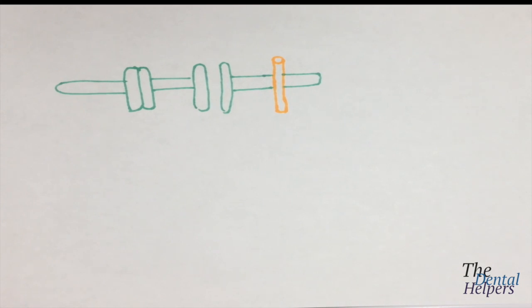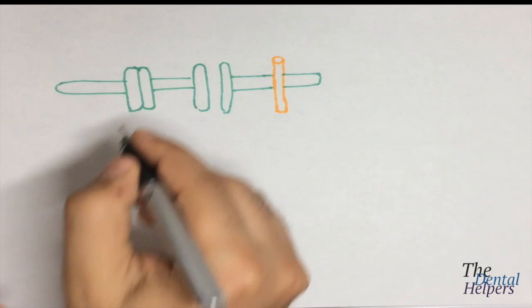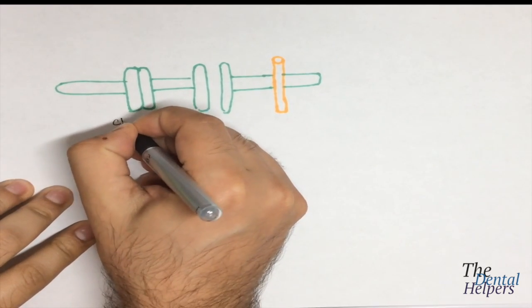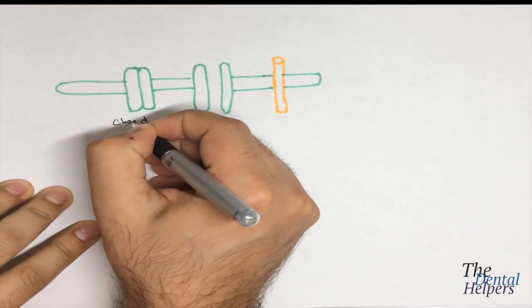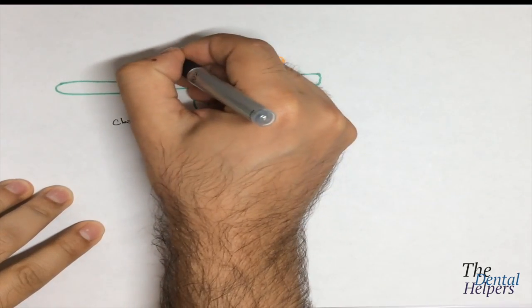So we're going to first look at a ligand-gated ionotropic receptor. This is also a type of plasma receptor. In the form that we see right here, this is closed.